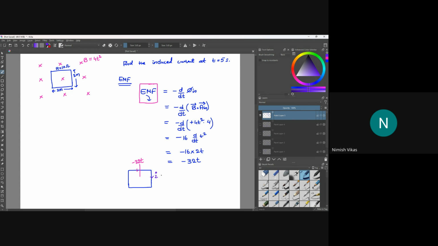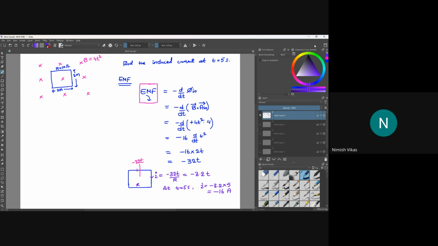So this current I is equal to V by R, right? So minus 32t by R. R is given as 10, so minus 3.2 into t. Now they're asking us to find the induced current at t equals 5 seconds. Then I is equal to minus 16.